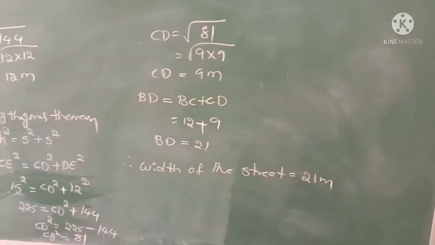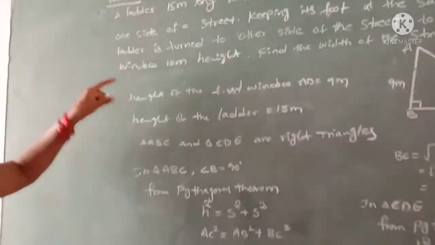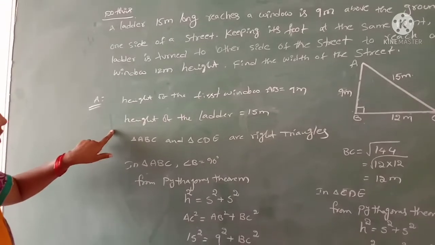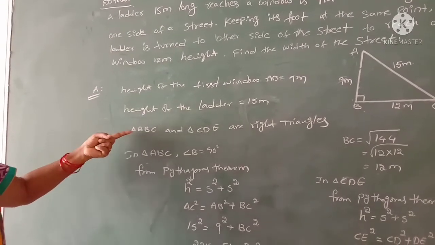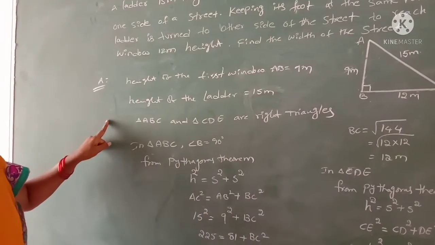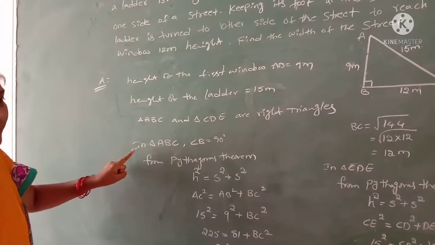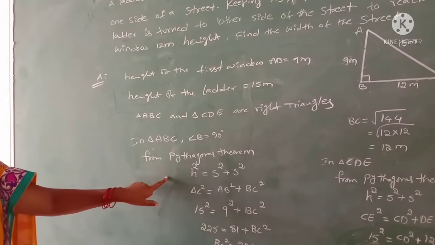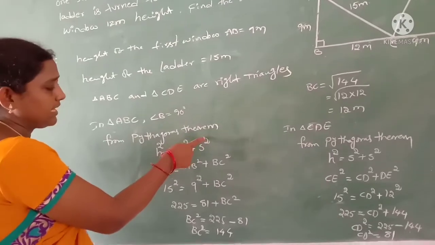So once again, let us repeat the problem. First we draw the rough figure and write the given values. So the height of the first window and the ladder, next triangle ABC and triangle CDE are the right triangles in the figure. So first we take triangle ABC and angle B equals 90 degrees. From the Pythagoras theorem, hypotenuse square equals side square plus side square.